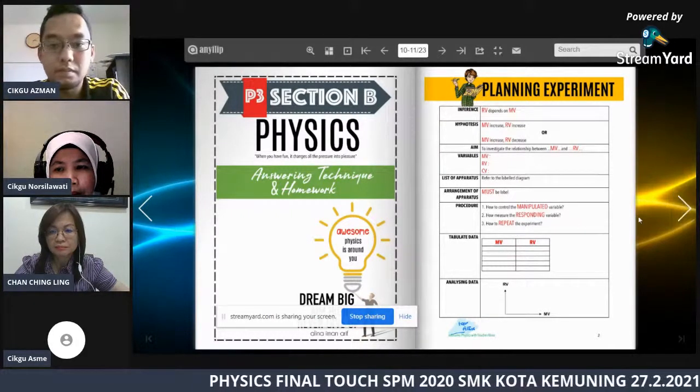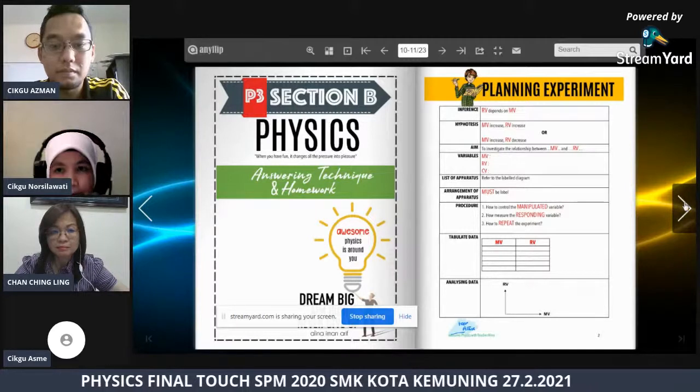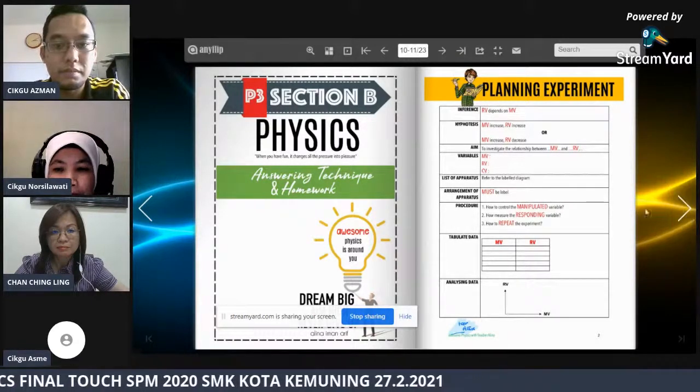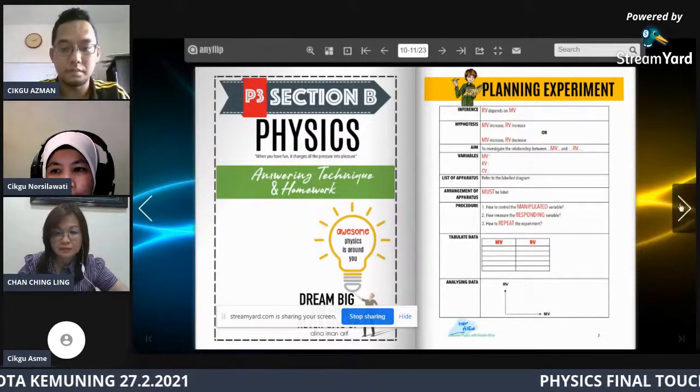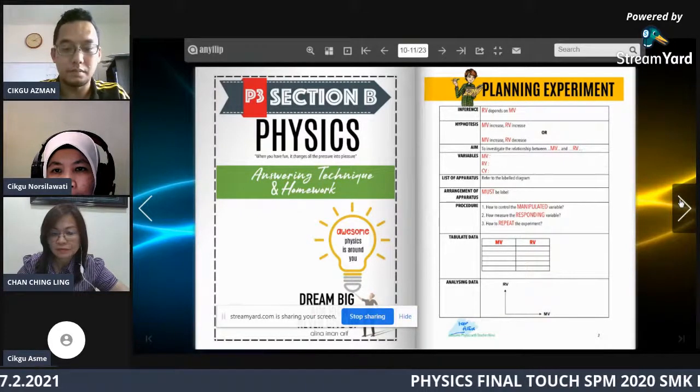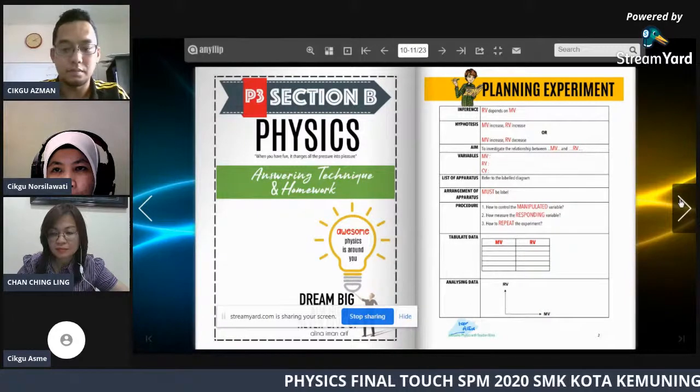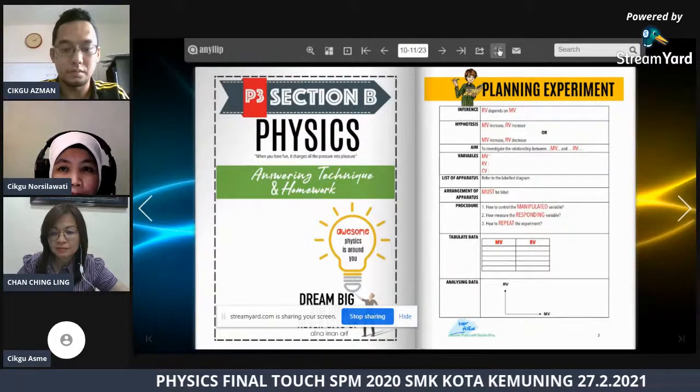Sekejap ya. Sebelum tu ada apa-apa soalan tak? Boleh tulis di chat berkenaan dengan manipulated dan responding variable. Sekejap. Tiba-tiba tak boleh function.